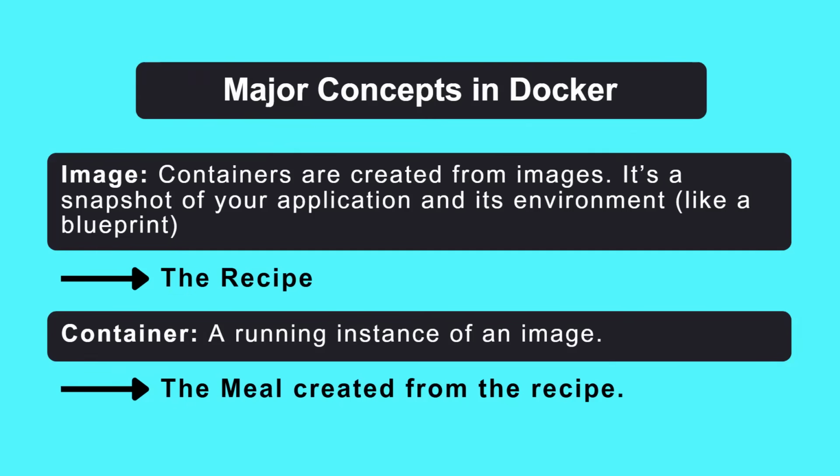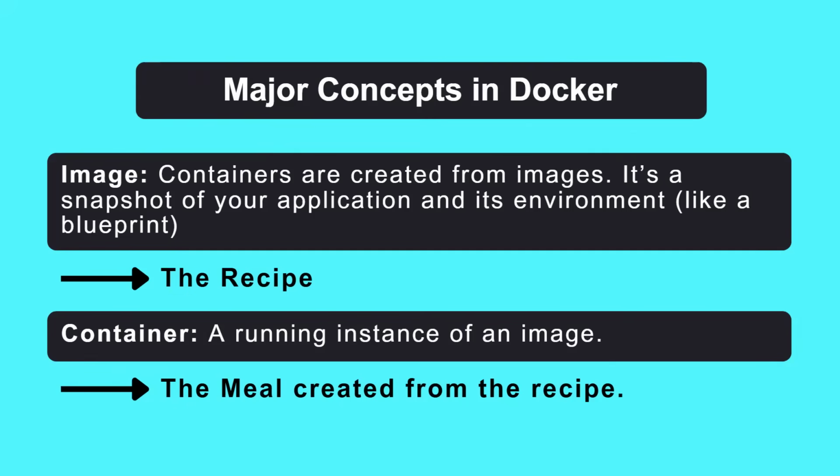That is the same thing here. Before developing a container, we develop the container map, we develop the container image. So that is why it is called a snapshot of our application and environment, or a blueprint.